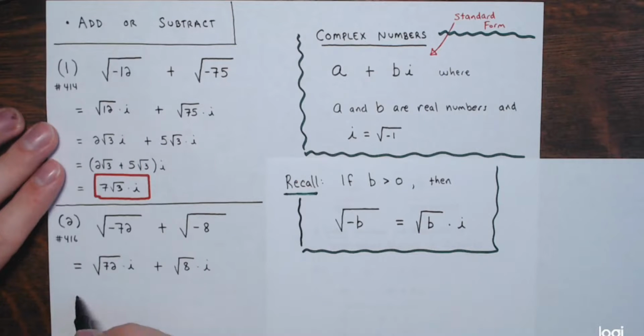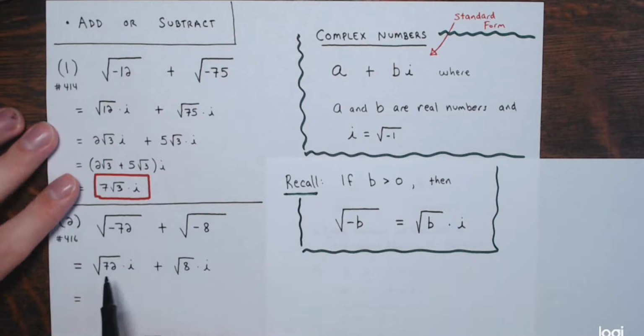Now, simplify the radicals. The square root of 72 would be 6 times the square root of 2, the square root of 36 times the square root of 2, and then times i, plus, and then the square root of 8 is 2 times the square root of 2, the square root of 4 times the square root of 2.